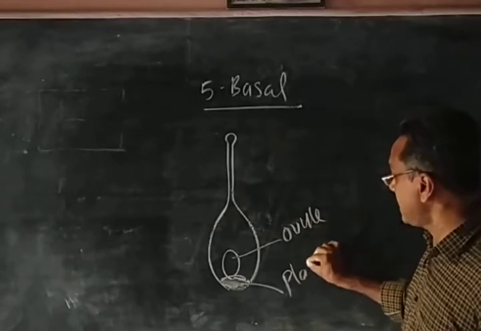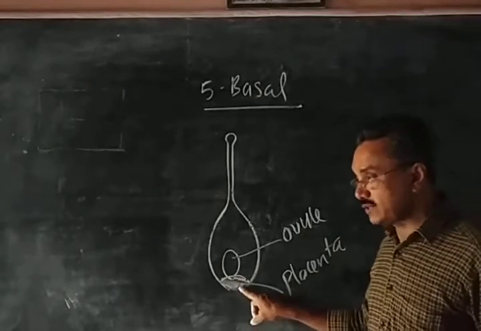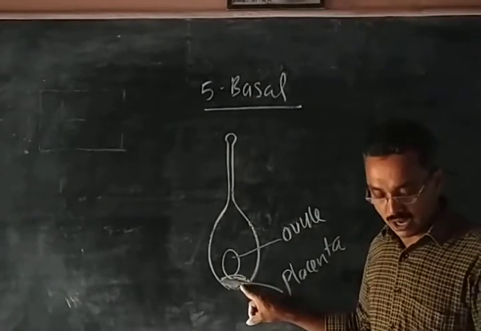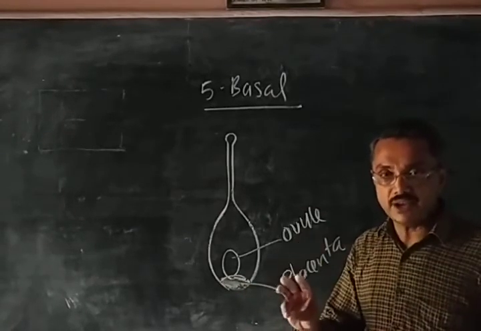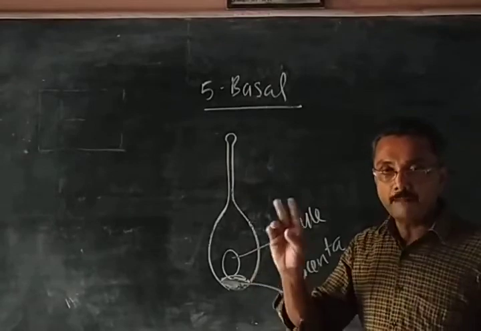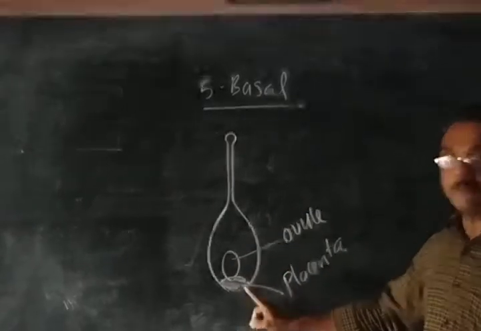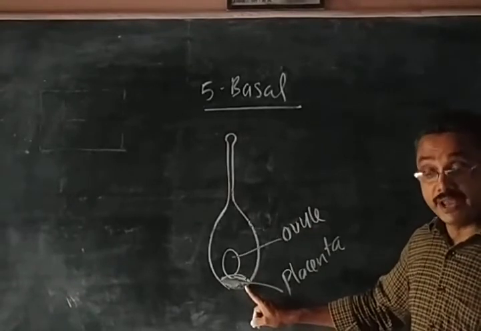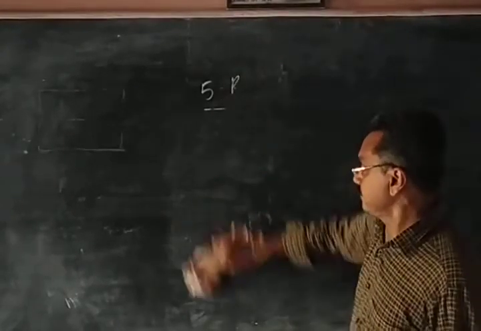The placenta is present at the base of the ovary. This is called basal placentation. So there are five types of placentation: marginal, axial, parietal, free central, and basal.